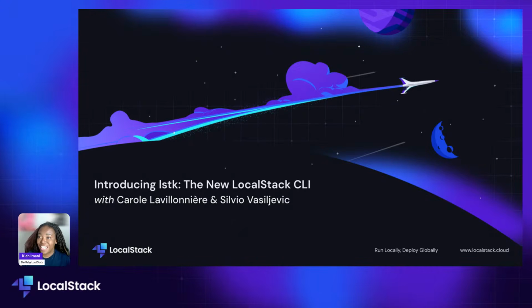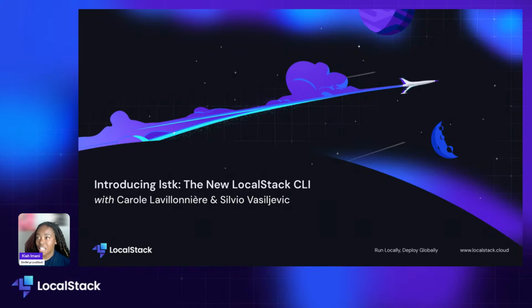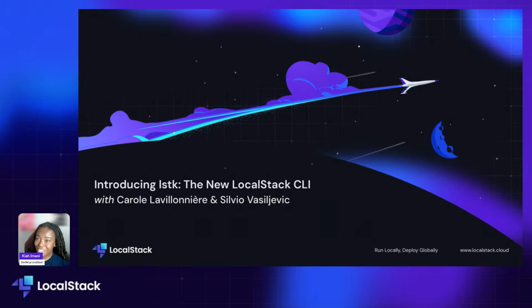We've gone beyond just the surface, and our speakers today are going to walk through how LSTK is designed under the hood. So if you care about architecture, extensibility, CI integrations, IDE workflows, and the like, you are going to get something out of this.